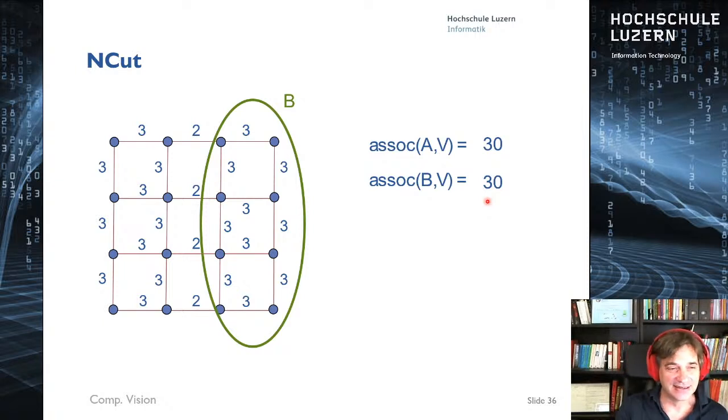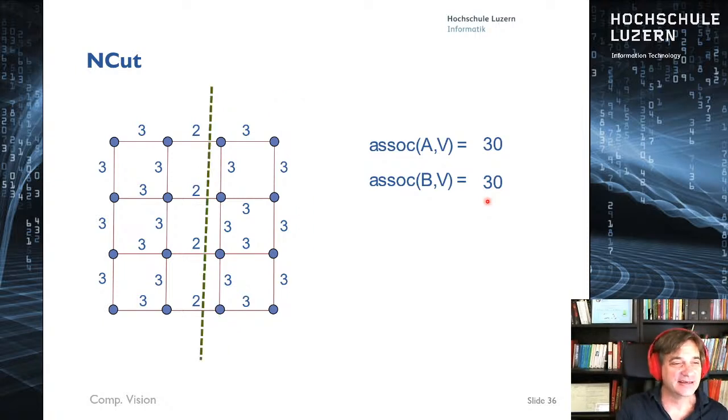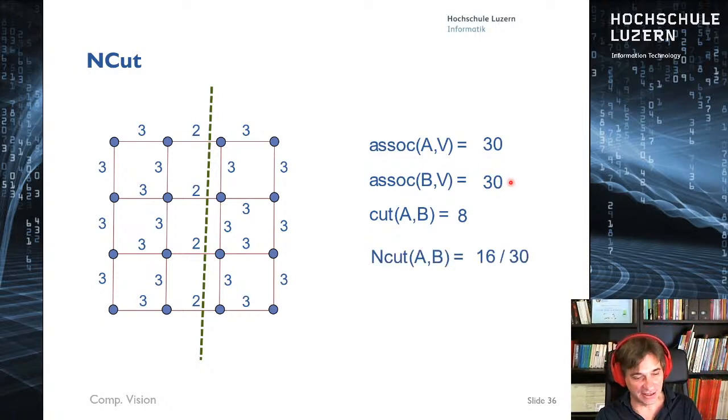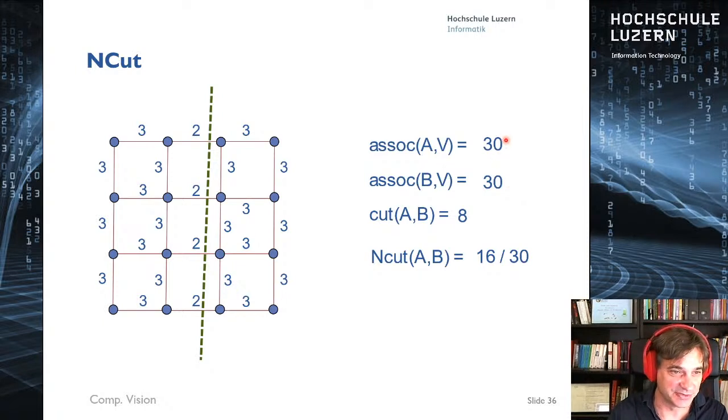And then the last value that we need is the value of the cut between A and B. Now, this is easier, so this would be 8. And then if you go back to the formula, you have the cut divided by that plus the cut divided by that, and that gives you the value of the cut here. So sorry, it should be 38 everywhere where there is 30.